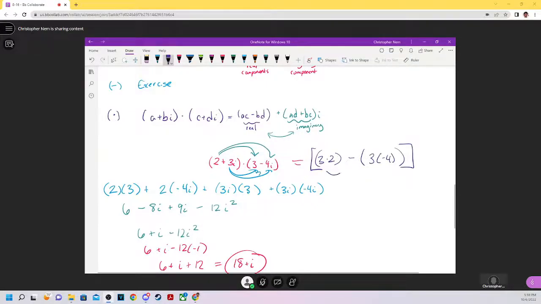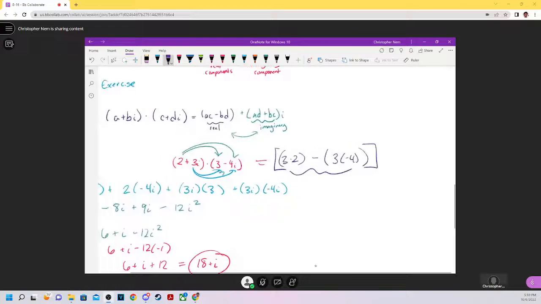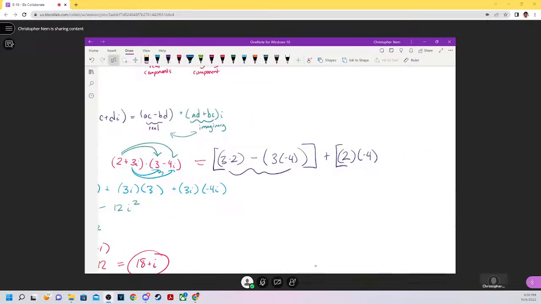This is the real portion. And then this is going to be plus. Now I'm going to do the real with the imaginaries together. So I have 2 times negative 4. And this is going to be plus. Instead of minus, it is plus now.